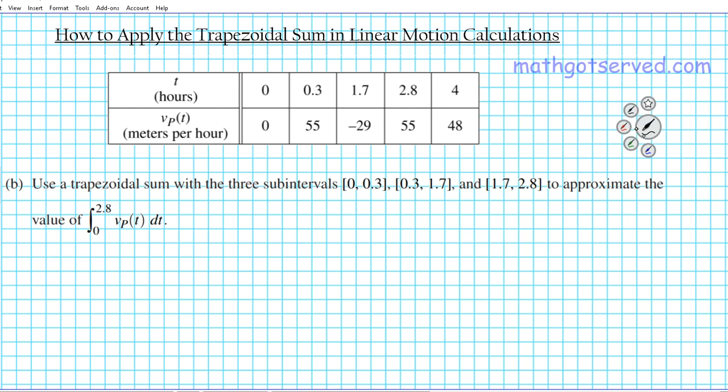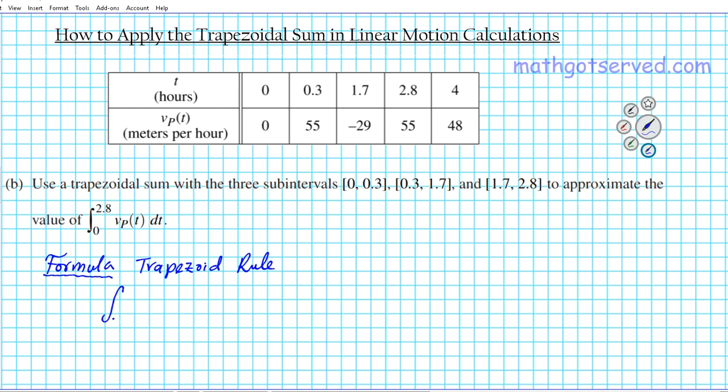Alright, so let's go ahead and write down the formula that's going to guide our problem solving process. Now we're going to be using the trapezoid sum for this, the trapezoid rule, but I'm going to adapt it slightly to this particular problem. Okay, so let's say we want to find the integral.